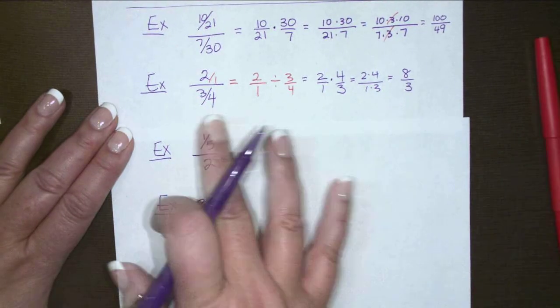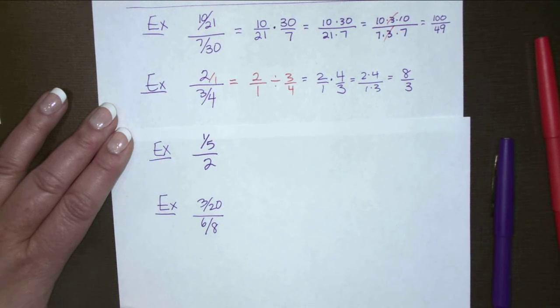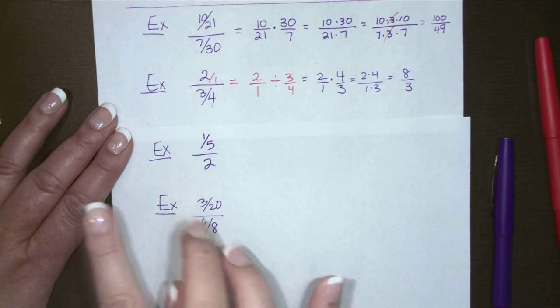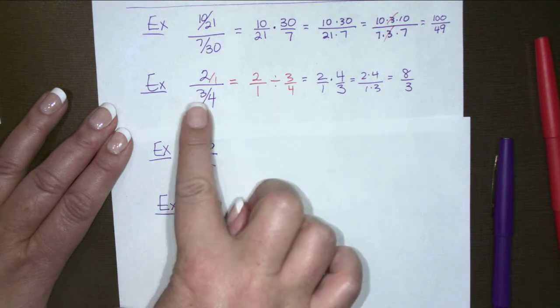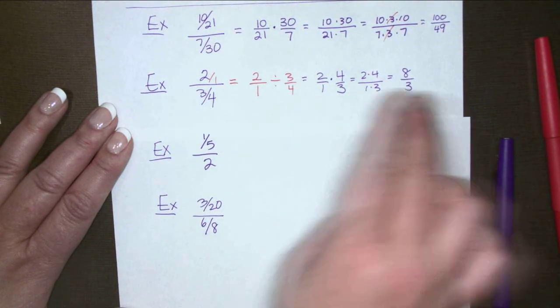Now, I just noticed I've got my equals going across, right? And I said not to do that in the first section. You can still stick with the equals going down. That is usually a good approach if you make silly mistakes. The problem with doing it this way, I'll show you in a second when I'm done these two, is that you have to make sure that everything in between is still equal.